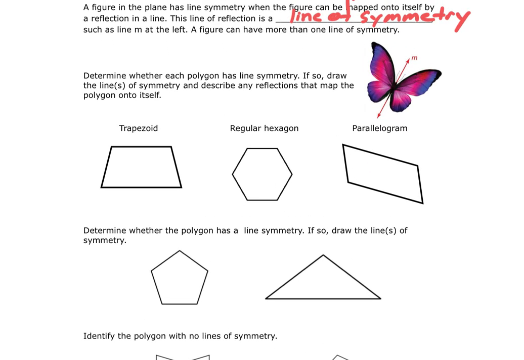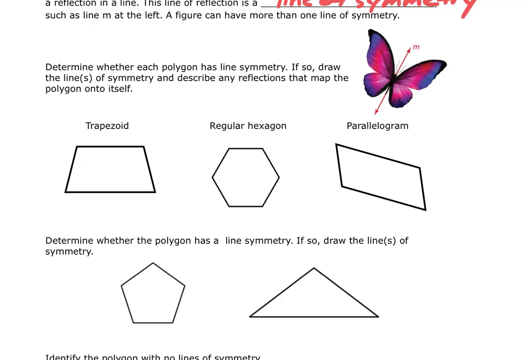Here we have 3 different kinds of polygons. We already talked about the butterfly. Trapezoid. Does the trapezoid have a line of symmetry? Would that line of symmetry go vertical or horizontal? Vertical, yep. It's going to come right down the middle.